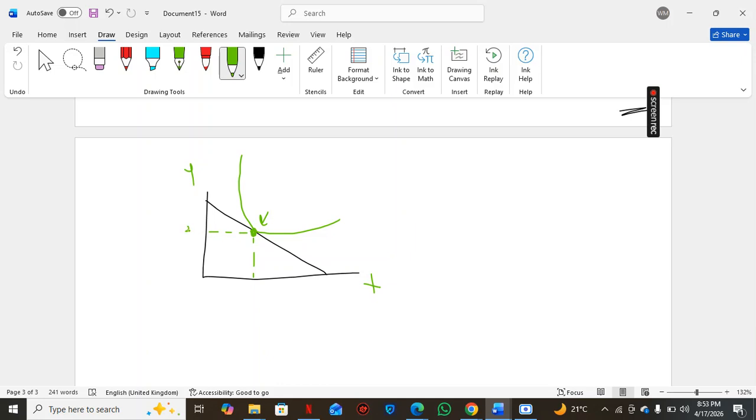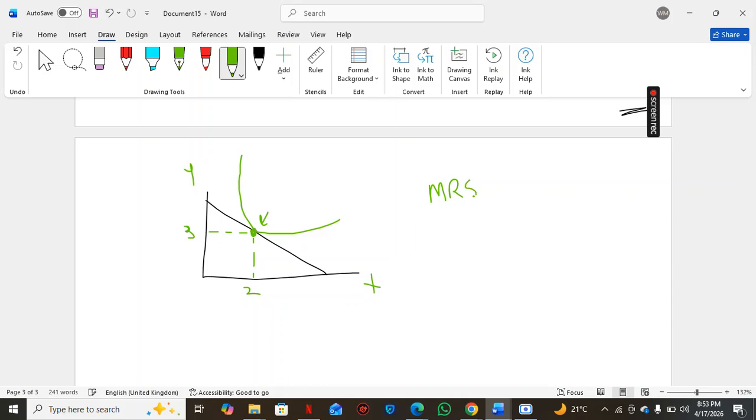So maybe let's say 3 units of good Y, 3 units of good X. As a consumer, if you get 3 units of good Y and 3 units of good X, it means that is the combination that will give you the most satisfaction. Okay, so this can be represented mathematically like this.